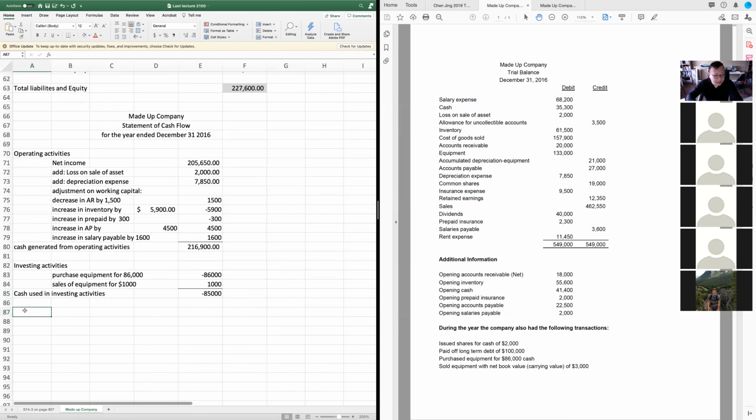And now financing activity. We issue the shares, share issuance for 2,000. Do you receive cash or do you use cash?